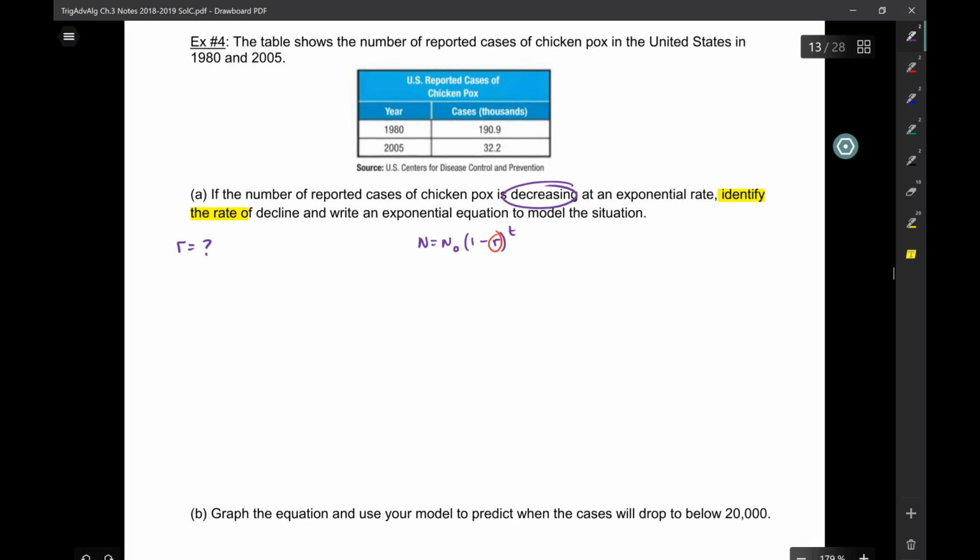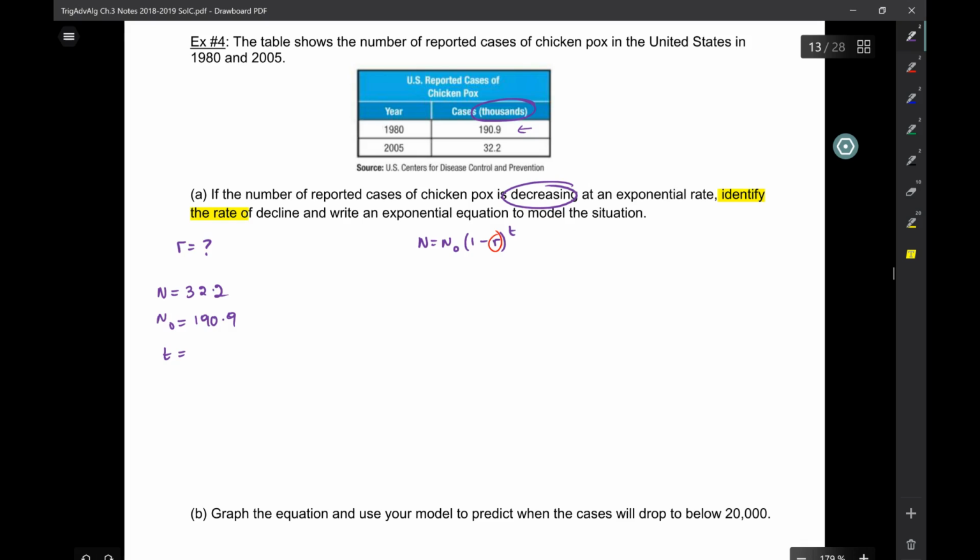So do we have N? That's the final. How much is it? 190.9. The final N, 32.2. And look, this says it's in the thousands, so later on we're going to use that. And what about N naught, the initial? 190.9.